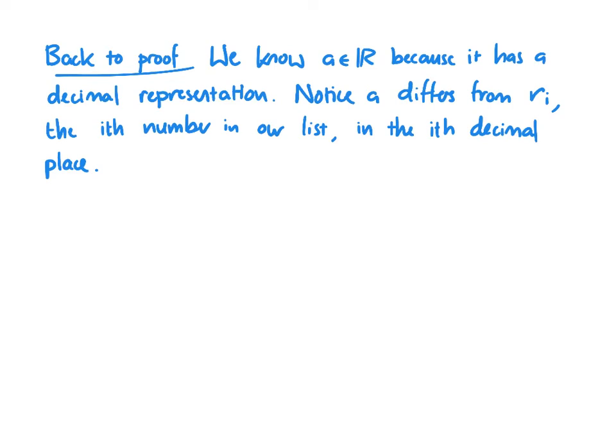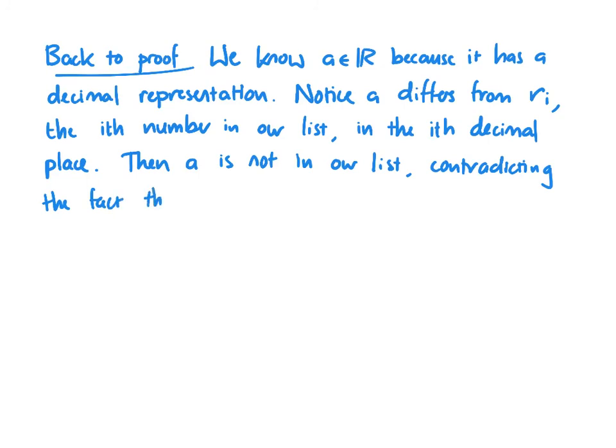But that means that A is not in the list. For every single number in the list, it's different from A in some decimal place. So then A is not in our list, contradicting the fact that our list contains all real numbers.